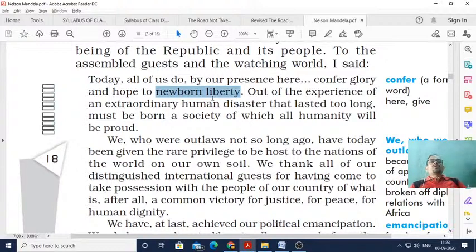So he said, I confer glory and hope to new-born liberty out of the experience of an extraordinary human disaster. Okay, dear students, human disaster here refers to 300 years of white discrimination of the black people. Why is it called disaster? Because so many black people have sacrificed their life in order to fight against the white government, in order to rid the country from the white government.